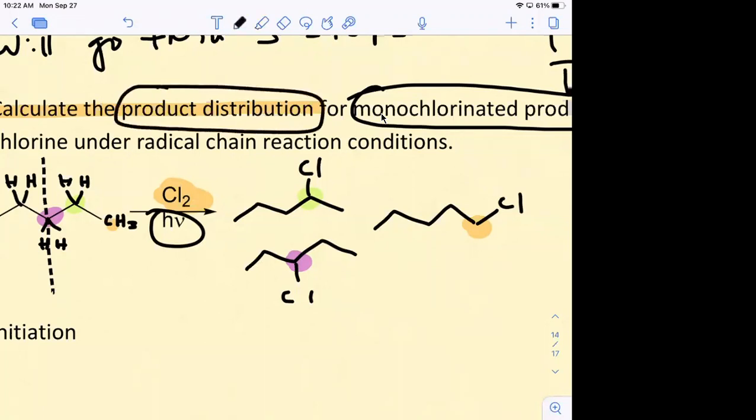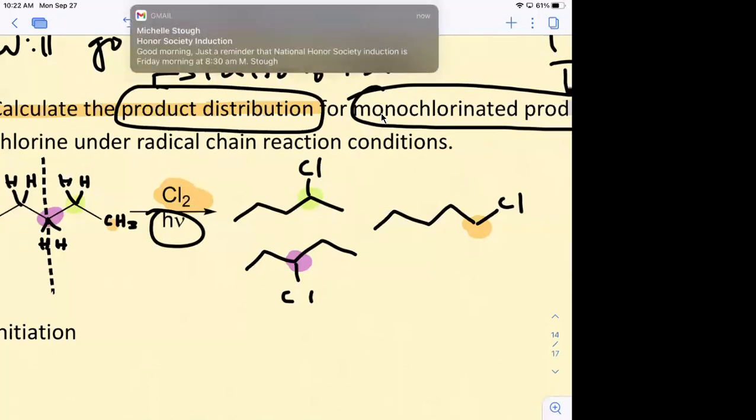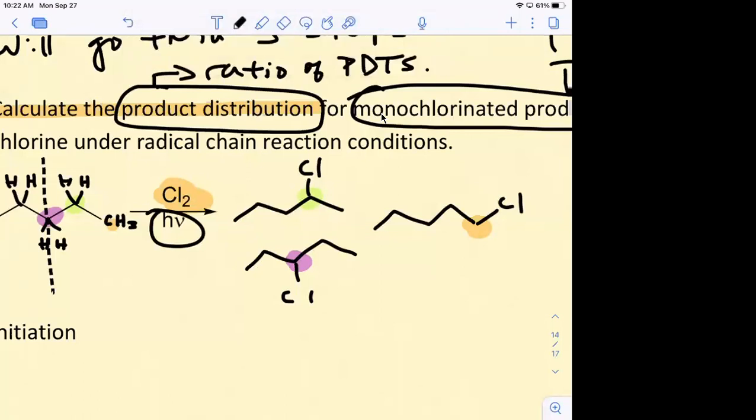Product distribution is basically just a ratio of products, and we normally only use that term when we're dealing with competitive processes, where you have multiple possibilities for product. So you've got competing processes, then you have what's called a product distribution, because every product is not going to be formed in the same amount.